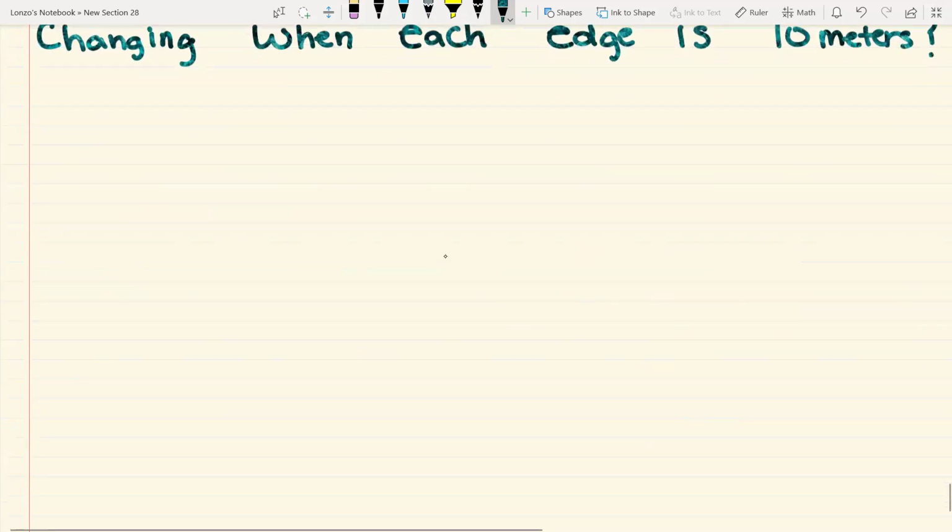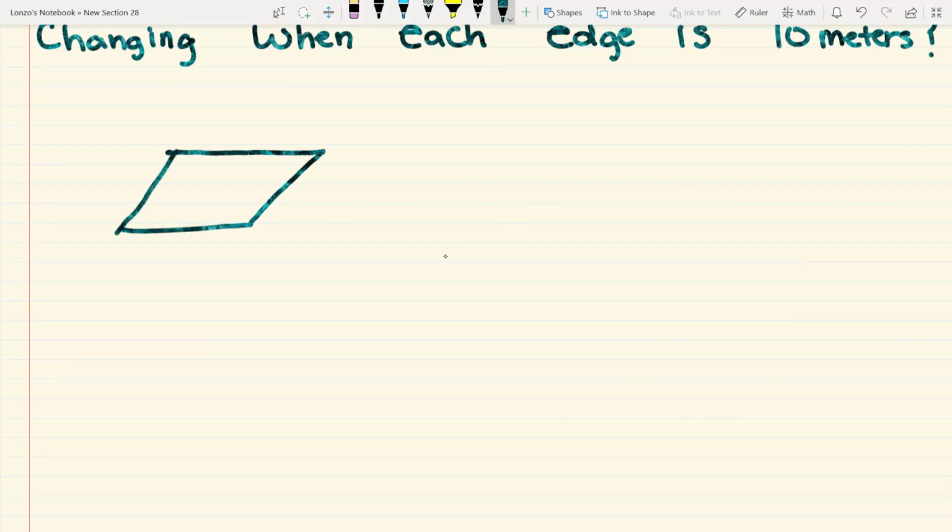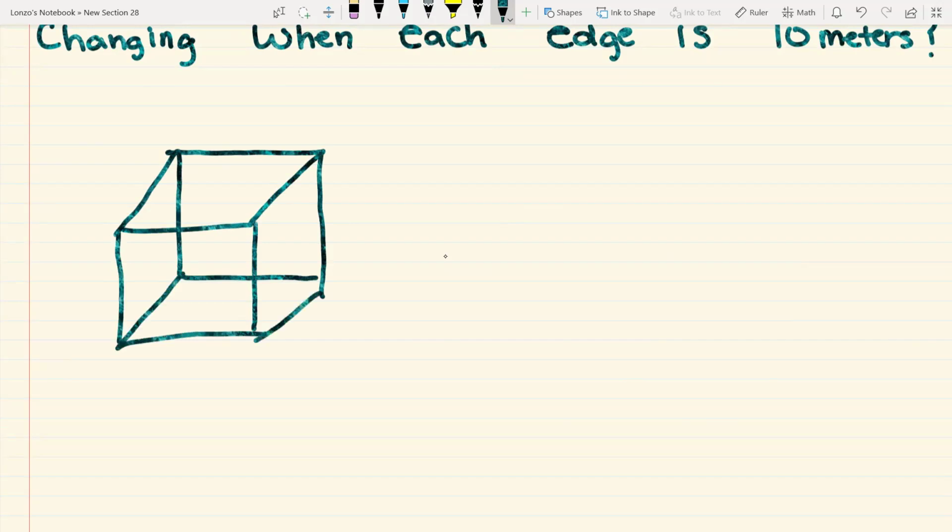Let's draw a cube. I'll try my best to make a perfect cube. No, it's not perfect. Yeah, I tried my best.